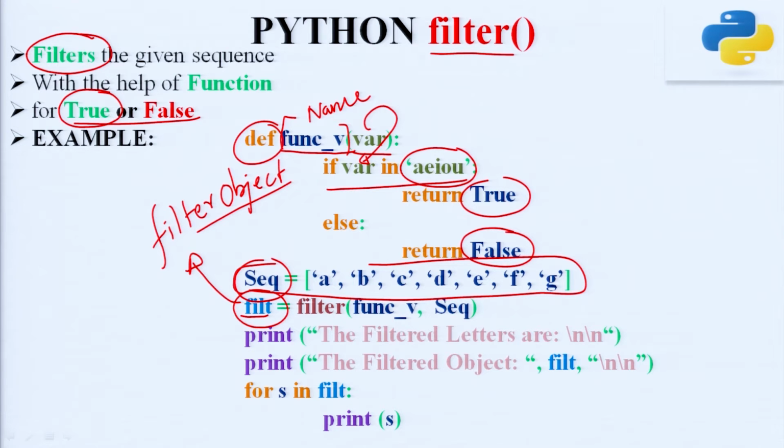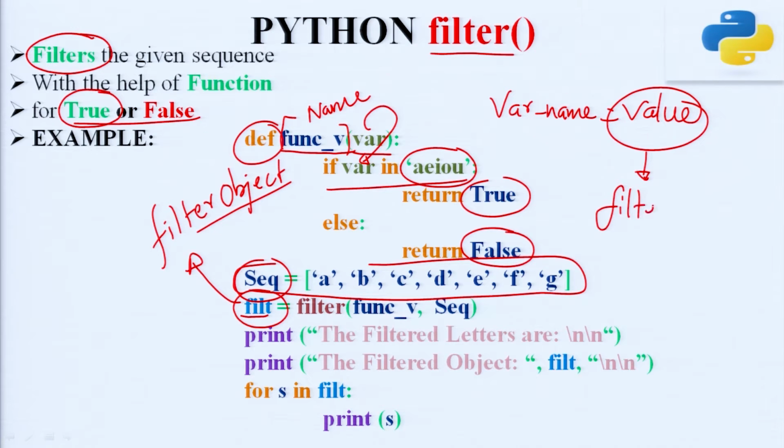So here we have put the name filt. filt is equal to, just like variable name is equal to value. Here the value is the function. Which function? It is the filter function. In this filter function, the very first thing is, on what function are you going to filter the sequential data, that is your function, followed by the data.